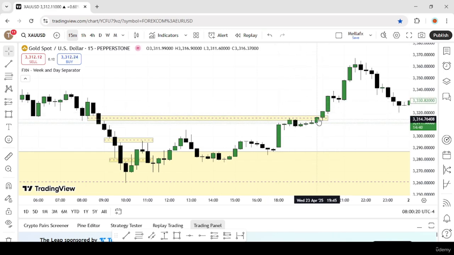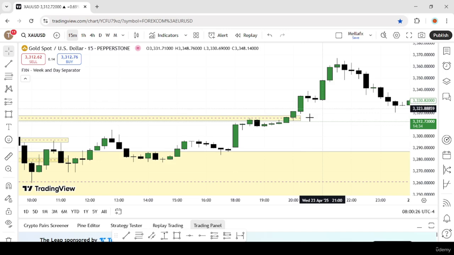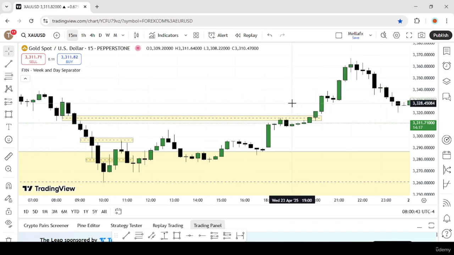So we came into this imbalance and closed above this fair value gap. You can see how the middle point of this fair value gap was used, the bodies retested it, then moved higher into the bullish side.